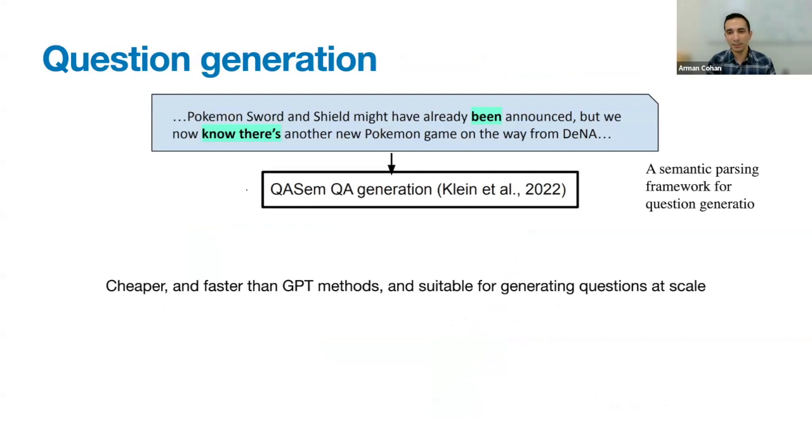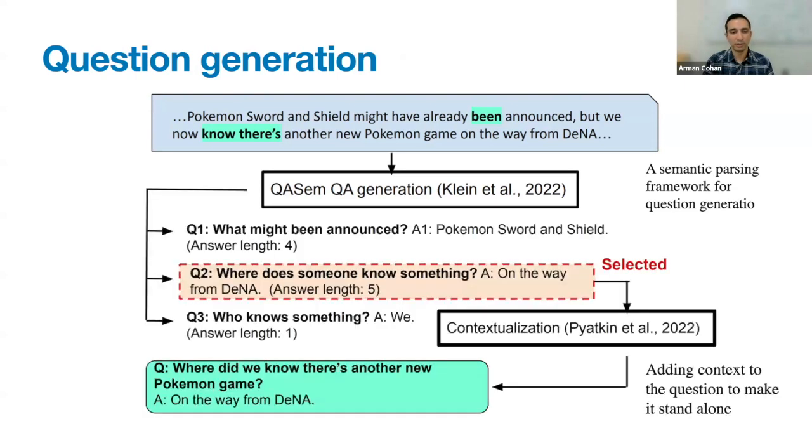We wanted to use a very lightweight model that is fast and doesn't cost a lot. Because of that, we use this BERT-scale model called QA-SEM, from a prior work. This is basically a semantic parsing framework for question generation. So you can generate multiple questions given a single sentence.